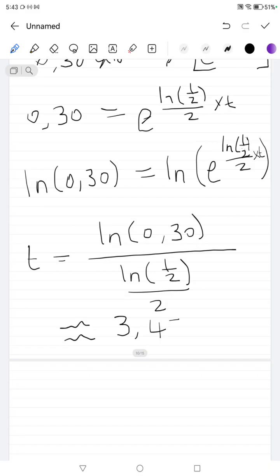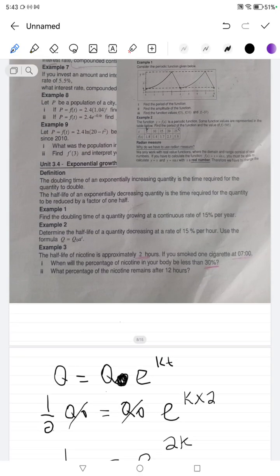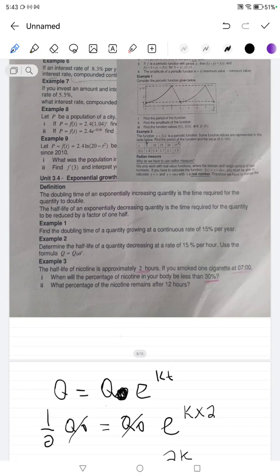So you get something like 3.47, no? Since it's like this, remember we have to go back and check: when was this dude smoking? He started smoking at 7 o'clock. They want to know at exactly what time the percentage of nicotine will be less than that 30% in his body.